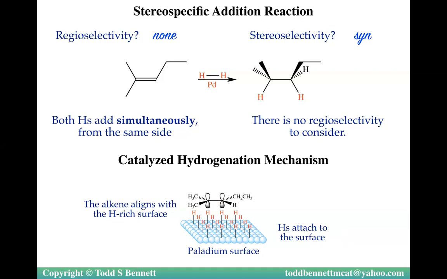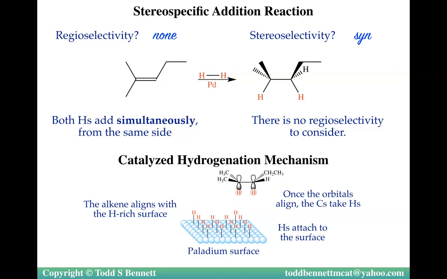So if we think about the mechanism as the electrons going here, here, then they can pick up, and then finally here. They can pick up the H here, H there, and then palladium gets some electrons back in this exchange. So you end up, once the orbitals align, with C taking the H's. I'm going to get rid of my drawing and just see it lift off. So it takes those H's, those orbitals are gone, and it moves on with them.